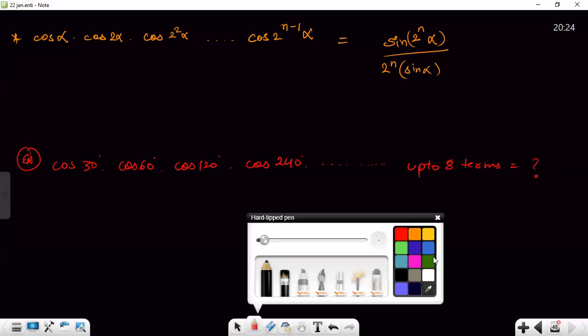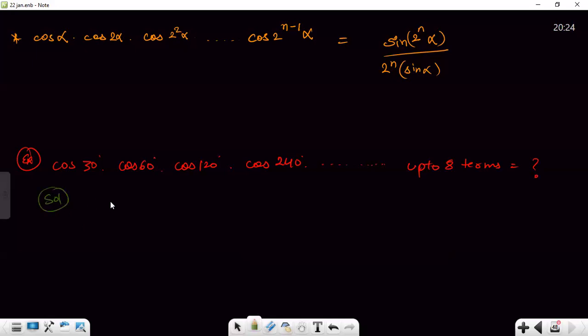So one thing is very clear to us: n is 8 and alpha is 30 degrees, and the common ratio is 2. So our formula will be applicable here. Sine of 2 raised to the power n, which is 8, into alpha. Alpha is what? 30 degrees.